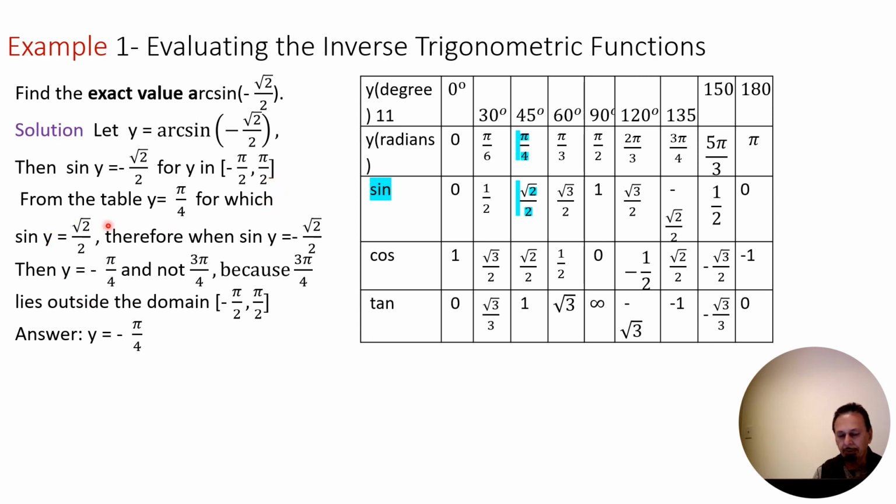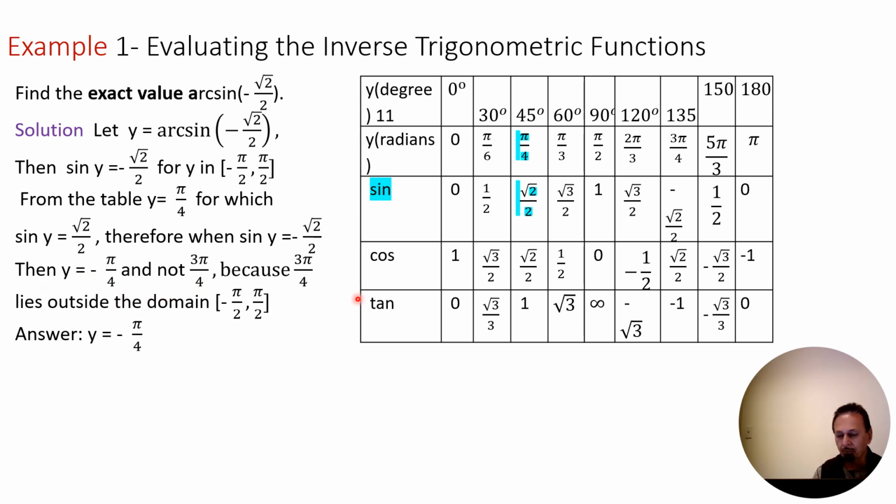So from the table, we can see that when y is π/4, sine π/4 is square root of 2 over 2. Therefore, when sine y is negative square root of 2 over 2, then y must be -π/4.